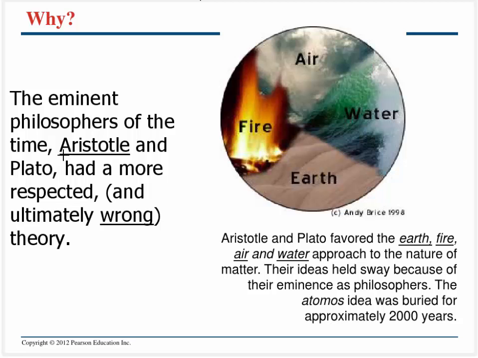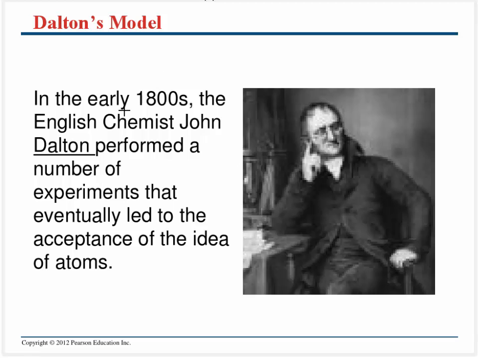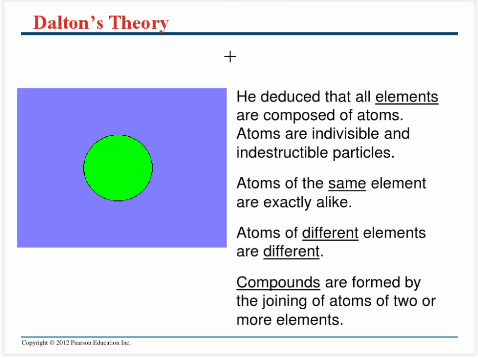However, the philosophers Aristotle and Plato were more well respected and had this four elements theory, that generally won for a very, very long time. Then this fellow by the name of John Dalton performed some experiments that eventually led to the acceptance that there were these things called atoms. John Dalton's theory sounded a lot like the Greek philosophers.